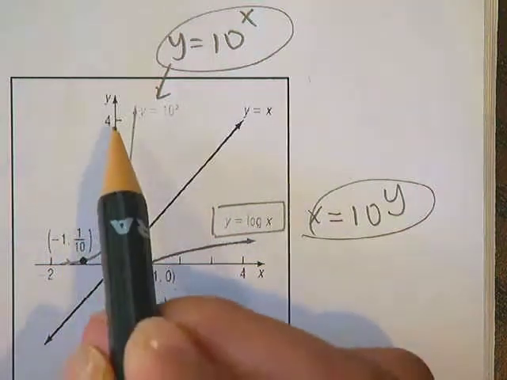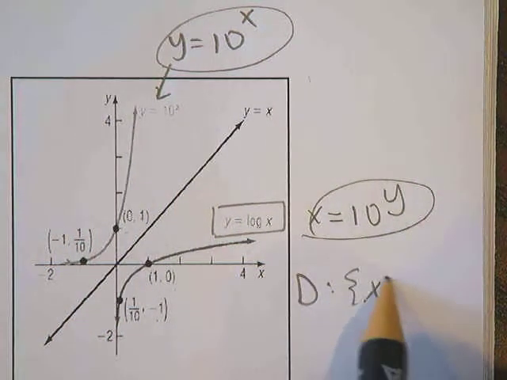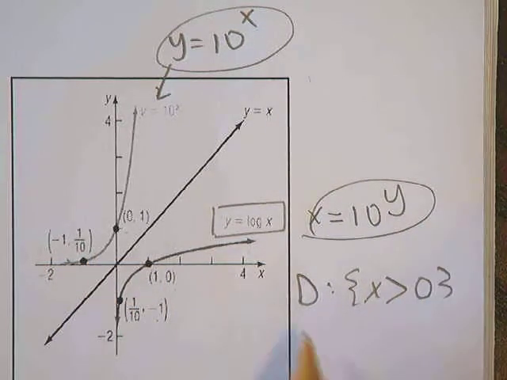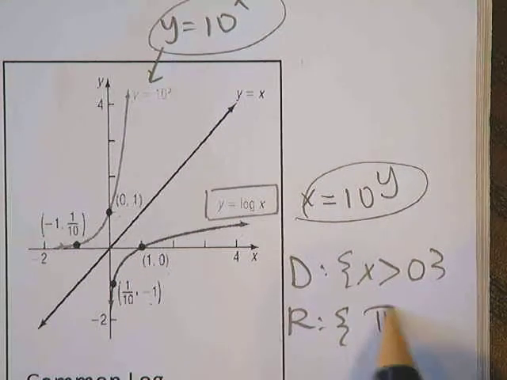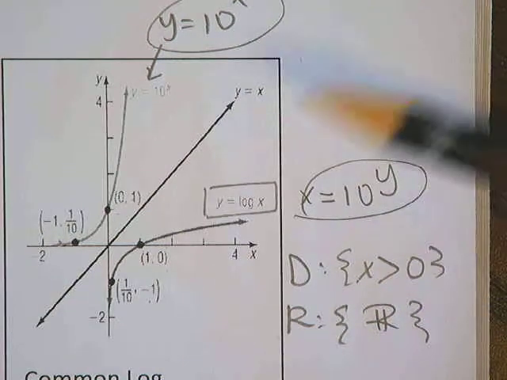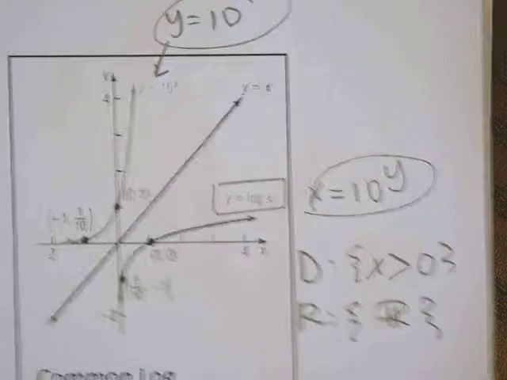So the domain of the inverse is greater than 0, because these two have to switch. Then the range of the inverse, which is the log function, is going to be all reals. Whatever you had for your exponential is now switched for your log function.